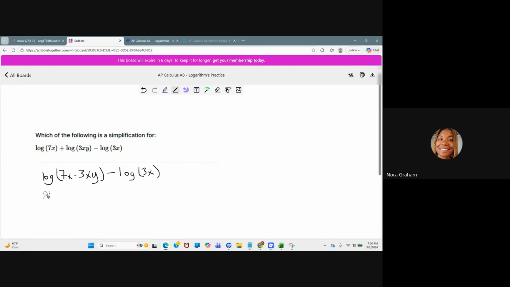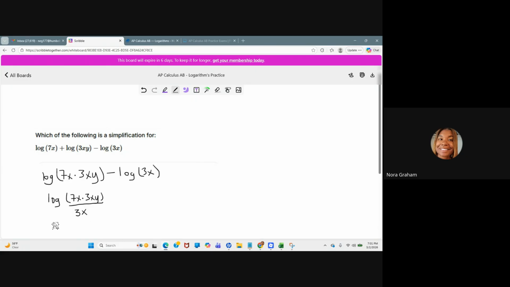Now I can use my quotient rule when I write it as a fraction. So I have 7x times 3xy, divided by 3x. This is that quotient part where I had all those rules in the beginning of the video.